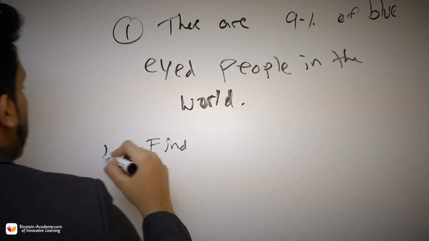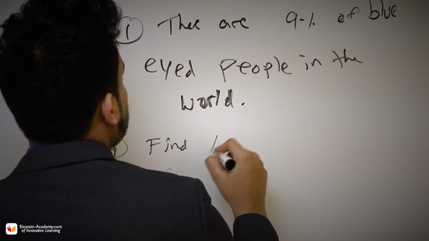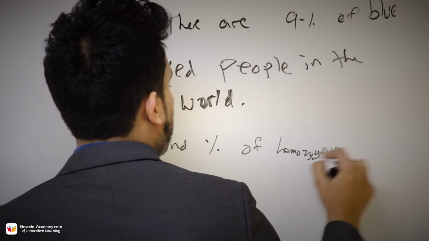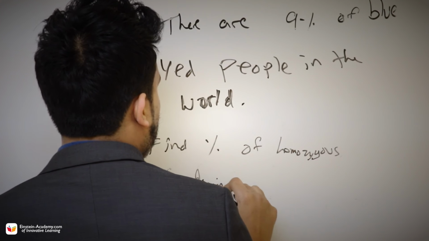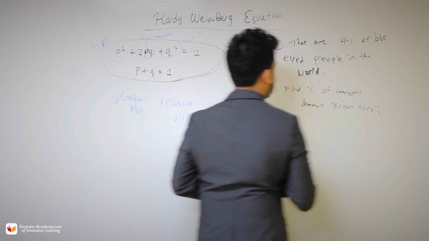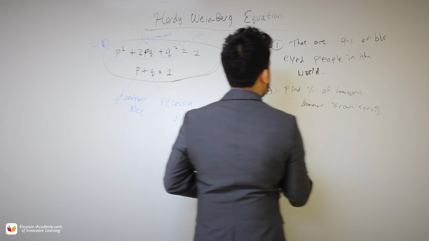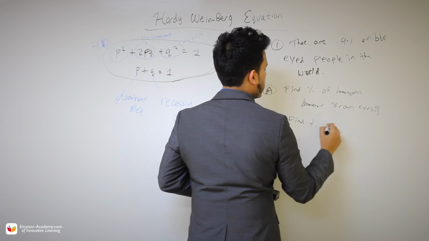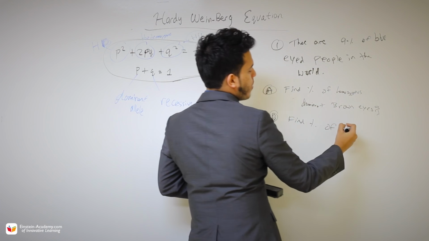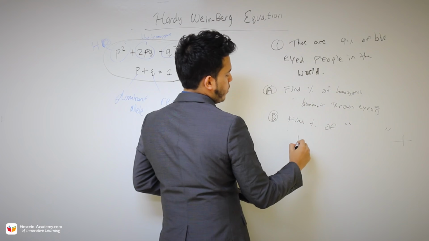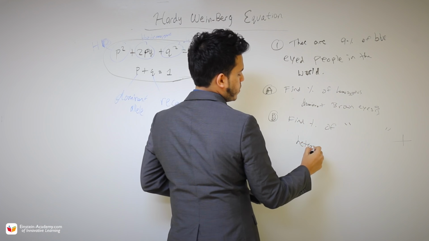Find percent of homozygous dominant brown eyes, question mark, and find percent of homozygous dominant brown eyes plus heterozygous brown eyes.